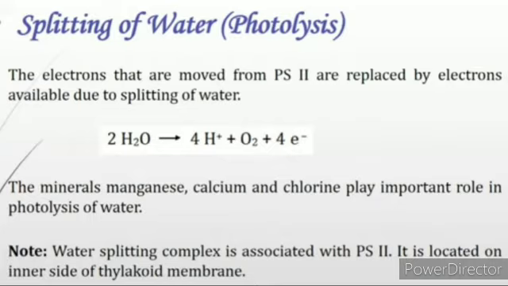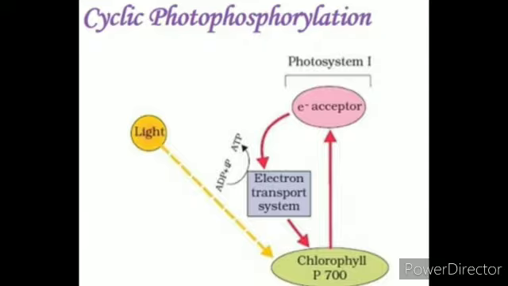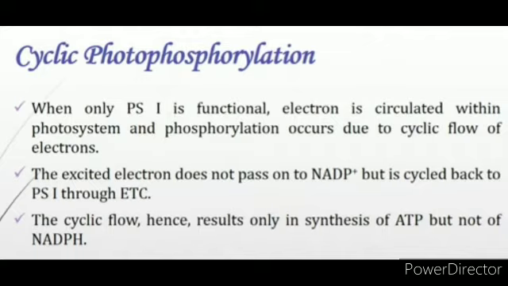Now we will go for the cyclic photophosphorylation. When only the pigment system or photosystem 1 is functional, the electron is circulated within the photosystem and phosphorylation occurs due to cyclic flow of electrons. The excited electron does not pass on to NADP but is cycled back to PS1 through the electron transport chain.